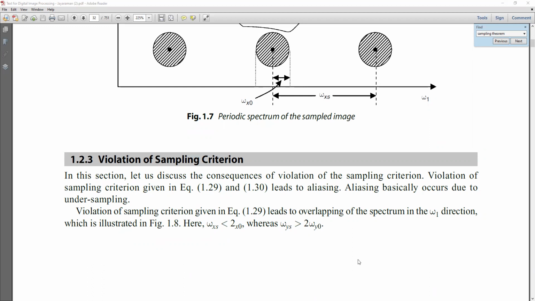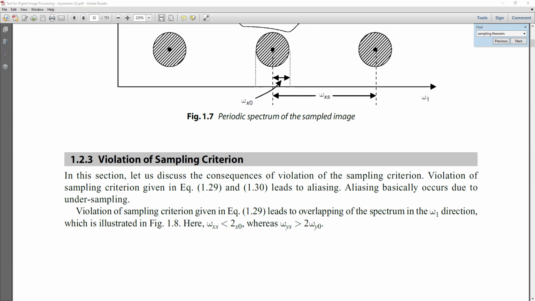Kindly note this change, and this is written correctly. Omega ys should be greater than 2 omega y0. Okay. So this distance should be greater than twice the bandwidth. Otherwise, what will happen? Twice the bandwidth.